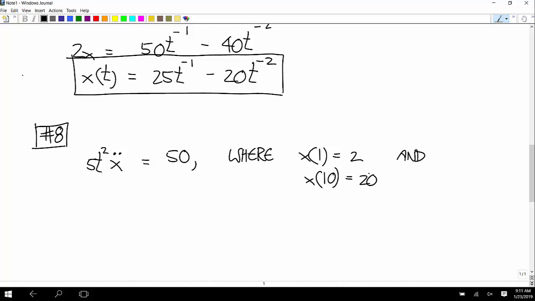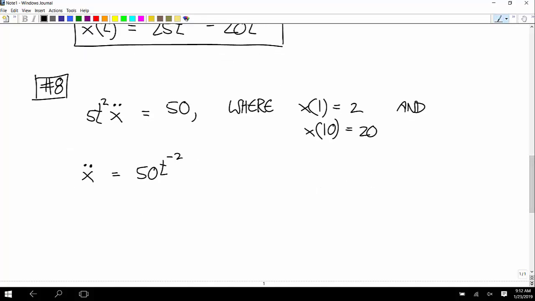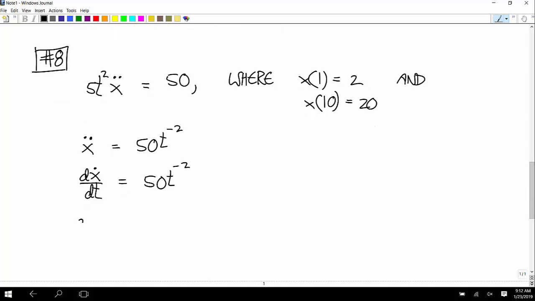So x double dot is equal to 50 t to the minus second. And x double dot I'm going to write as dx dot dt. And now separation of variables.